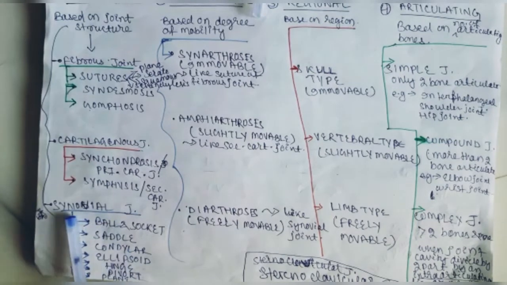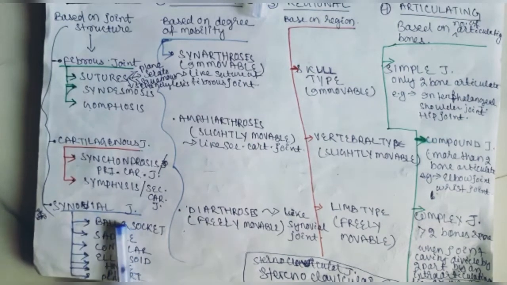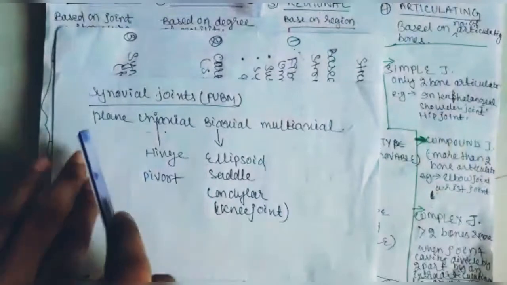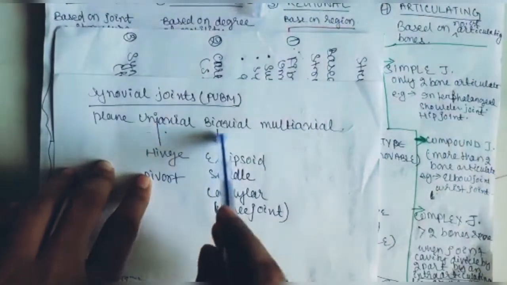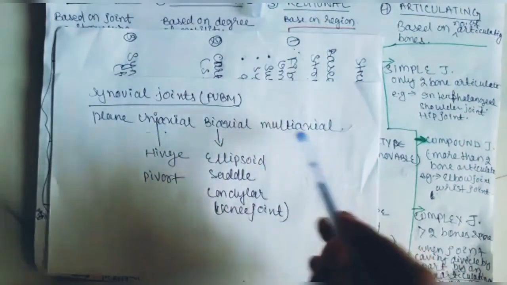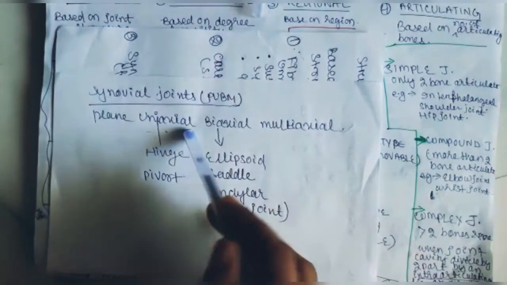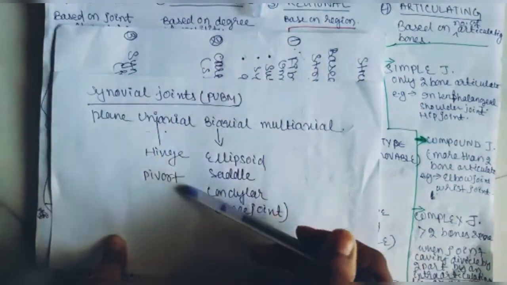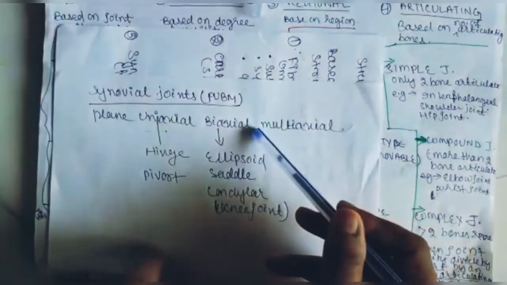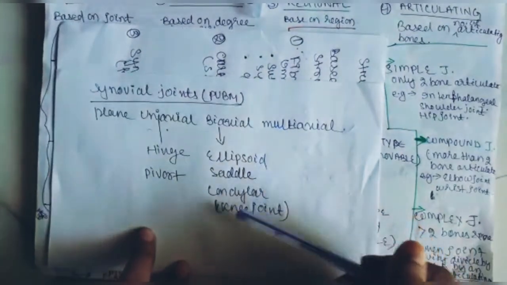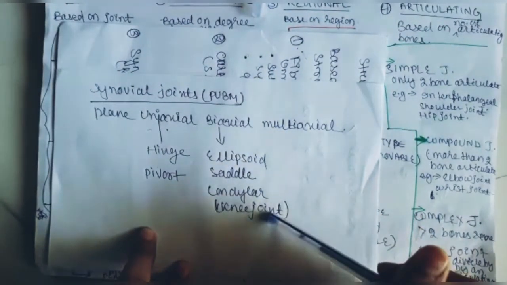I have not mentioned synovial joints here, so I'm explaining on a different page. Synovial joint is again divided into plane, uniaxial, biaxial, and multiaxial. Uniaxial is hinge and pivot. Biaxial is ellipsoid, saddle, and condylar, like the knee joint.